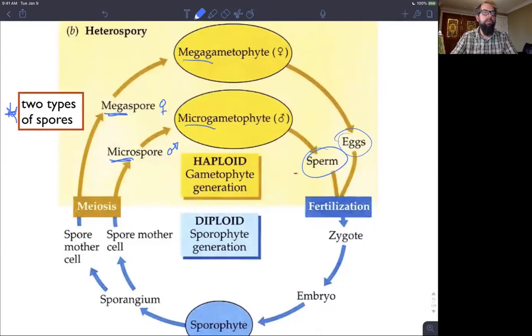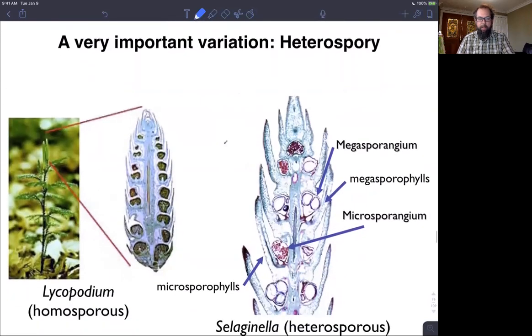So we've got two different types of spores there. And this is a really important variation that we haven't seen before in the life cycle, and that's that heterospory.